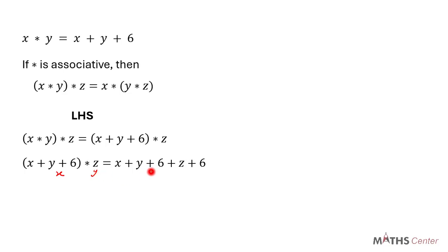If we substitute this into the definition, x is now x plus y plus 6, and y is now z, then plus 6. This will give us x plus y plus z plus 12. So the left hand side, (x star y) star z, is equal to x plus y plus z plus 12.